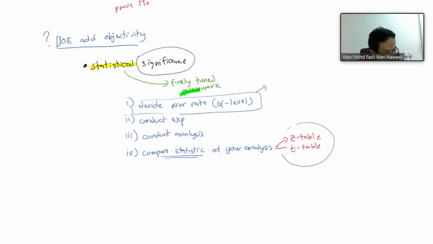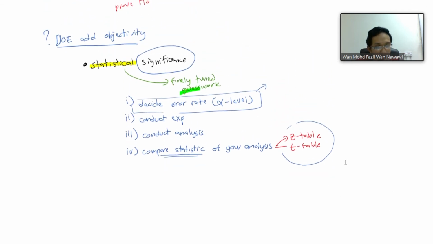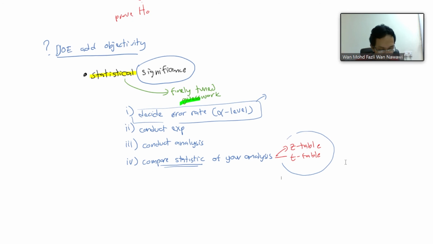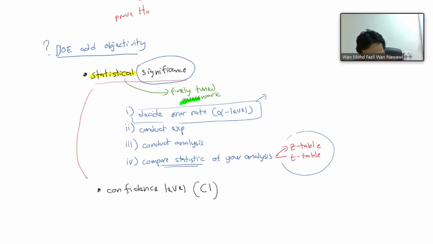Now we talk about statistical significance, and also a little bit about what we call the confidence level, which relates to it. Let me put here confidence level, or CI. This statistical significance is related to the confidence interval.